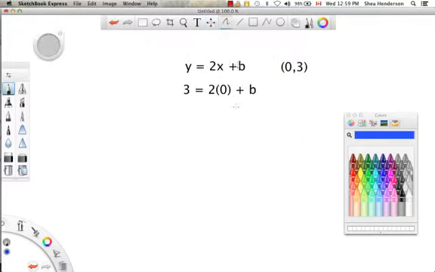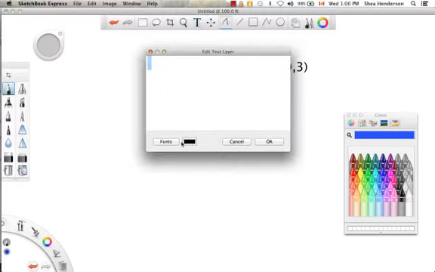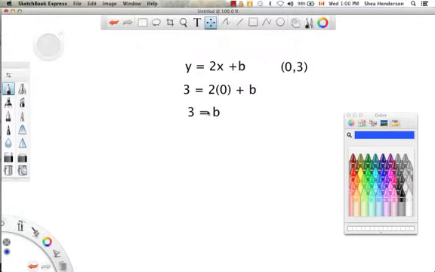When you have the 2 beside the x, you can pretend there's brackets there, and it becomes multiplication, so it's 2 times 0. Let's go to the next step. You have 3 equals, well, what's 2 times 0? Anything times 0 is 0, so it just cancels out. The only thing you're left with is b. So now we know that 3 is equal to b, or b is equal to 3.